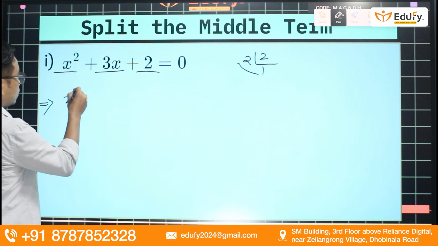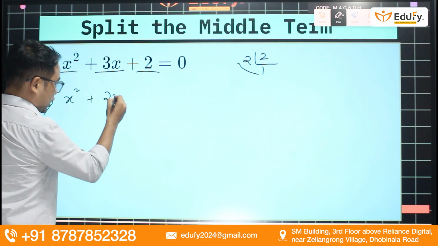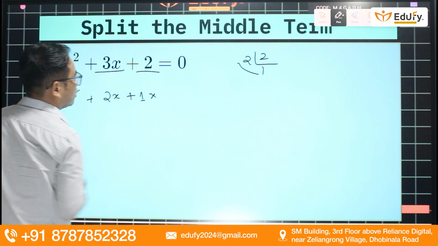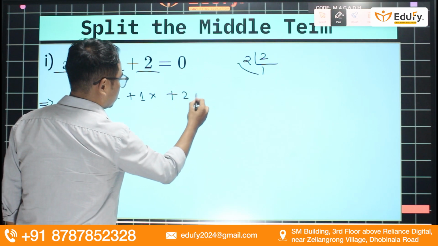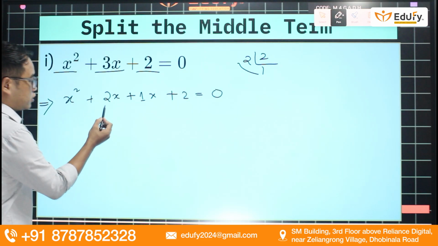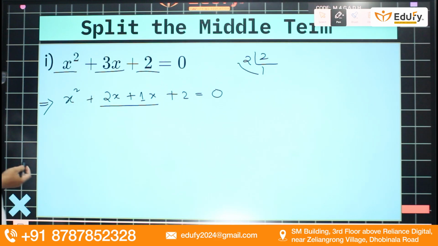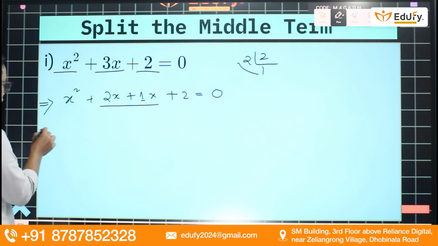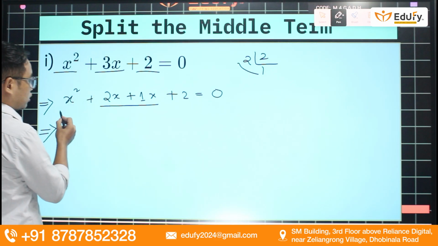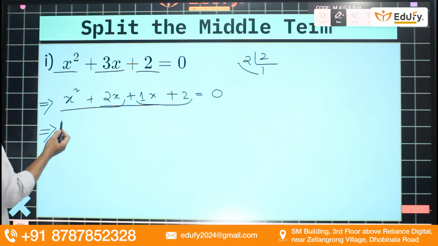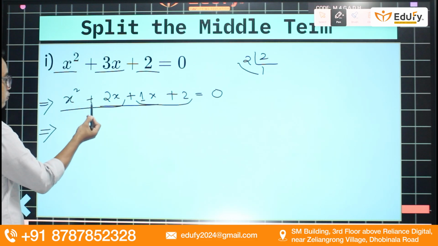Here x squared plus 2x plus 1x, or you can just write x, that's fine, plus 2 is equal to 0. Now you check your splitting of the middle term. 2 plus 1 will give you back 3x, so that is the correct way. After that, we make this 2 and this 2 as pairs, and we try to take the common numbers from here. In this case, this is x squared plus 2x.